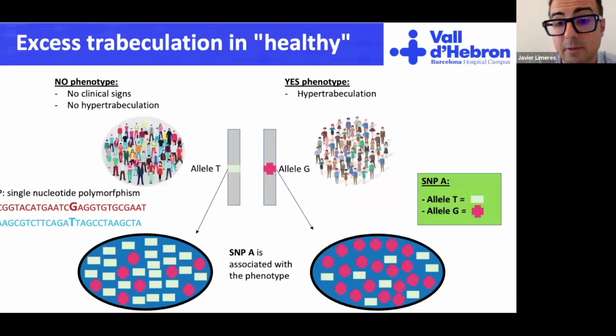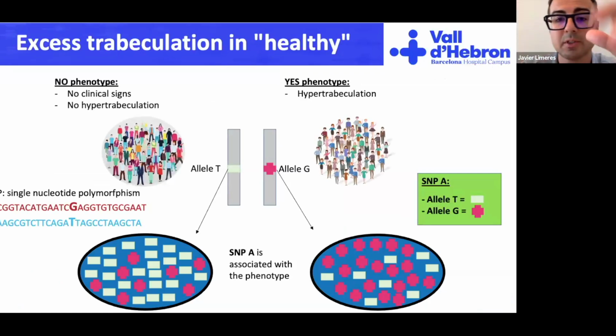No? And if we have to detect a phenotype like excessive trabeculation in a healthy person, where you cannot find other things in the family, sometimes you cannot use the usual genetic tests like panel, exome, etc.